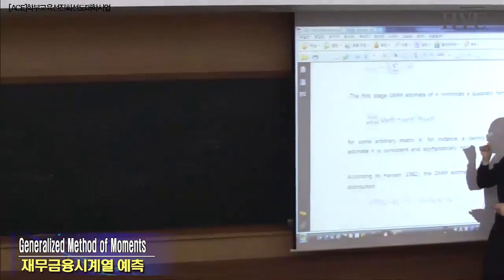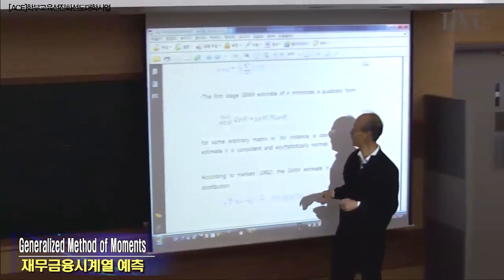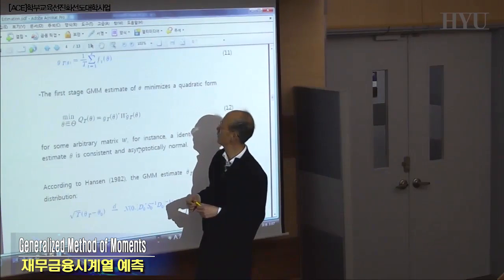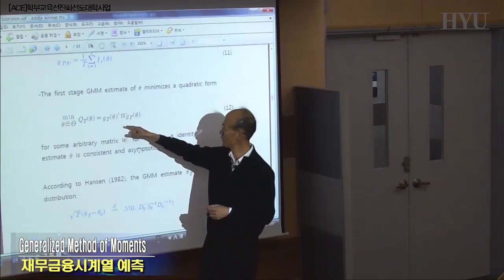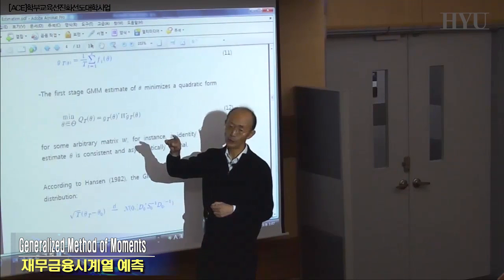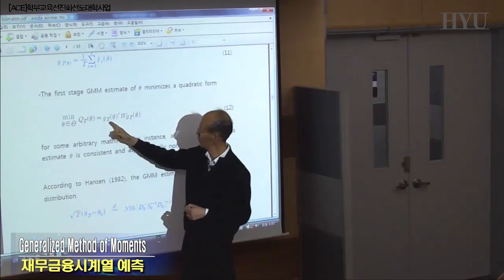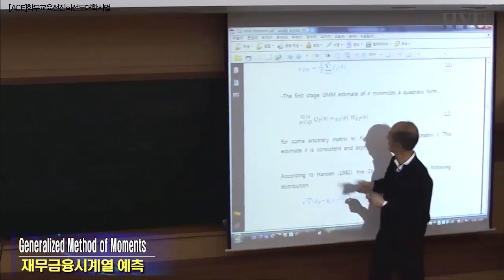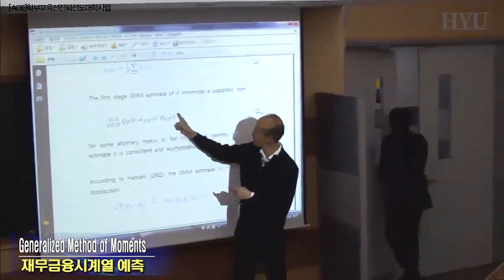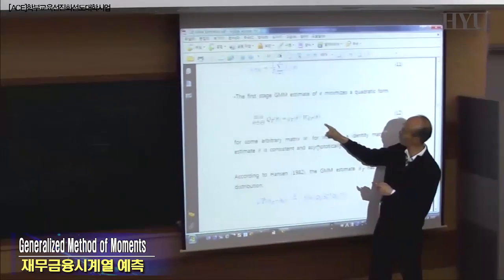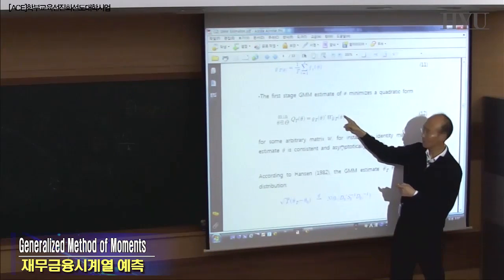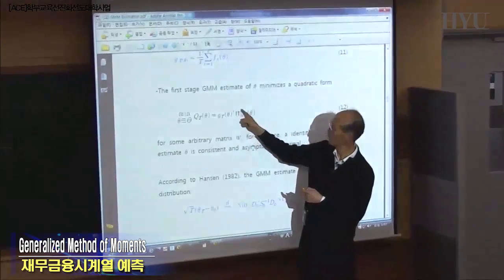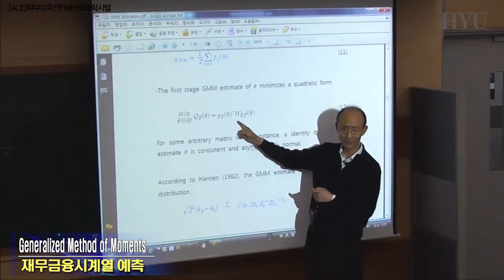Then, because we have the number of parameters 2N by 1, this is a 1 by 2N, this is a 2N by 1 vector, this is 1 by 2N. So this has to be 2N by 2N, right?